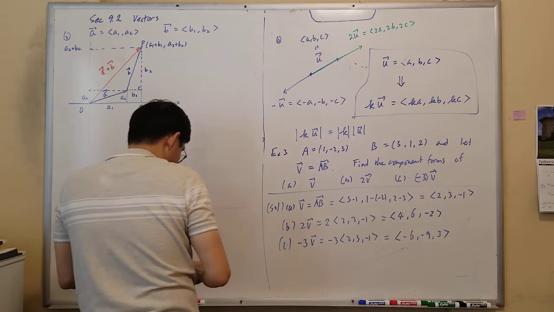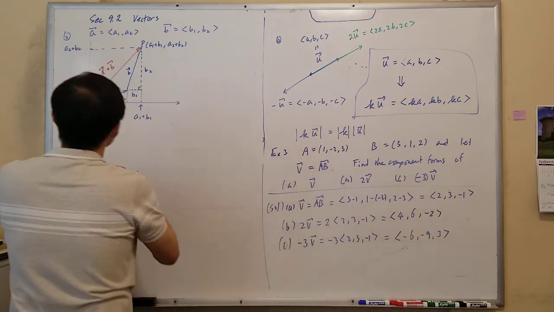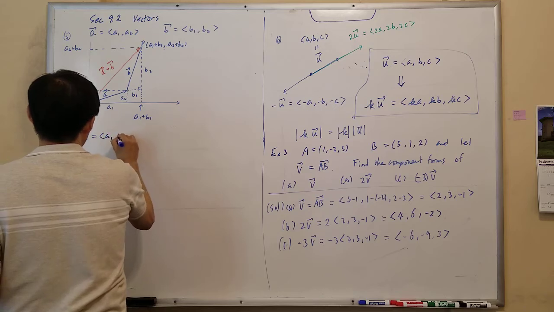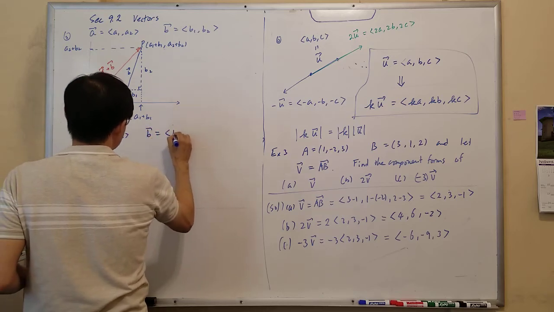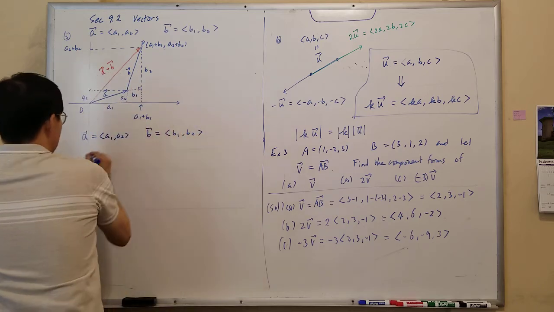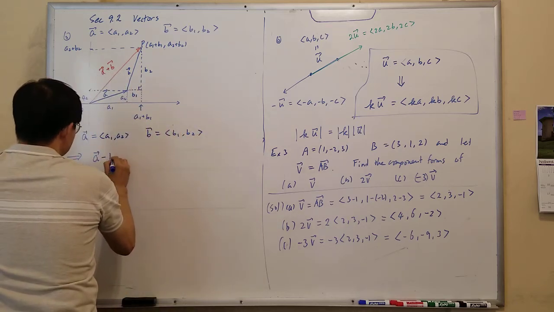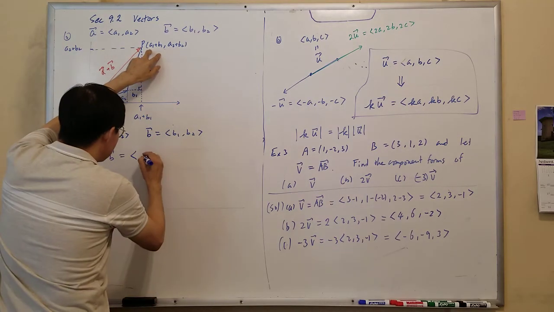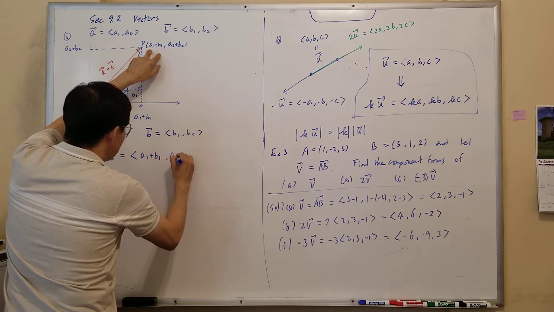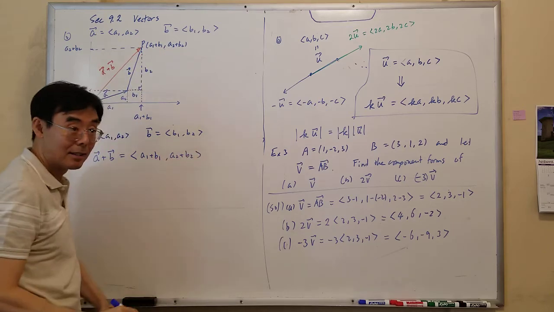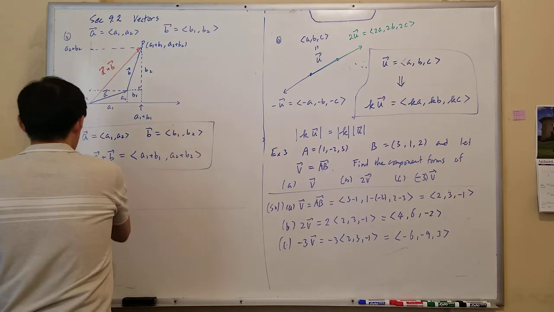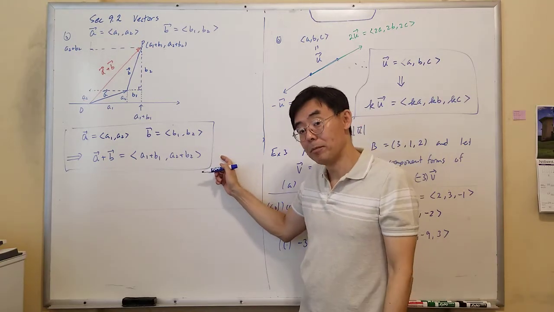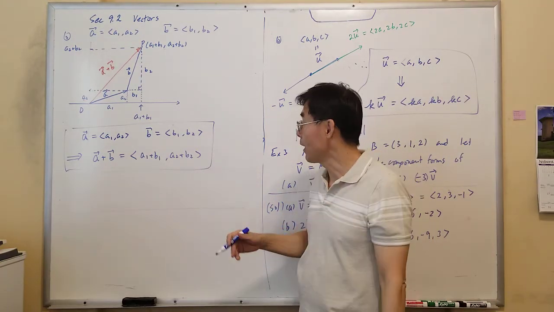Oh, so what do you find? If vector A is (A1, A2) and vector B is (B1, B2), apparently A plus B, the sum of the two vectors in component form, can be obtained by just adding A1 plus B1, A2 plus B2, isn't it? Right? Probably this is the most important reason why we prefer component form to the geometrical representation of vectors.